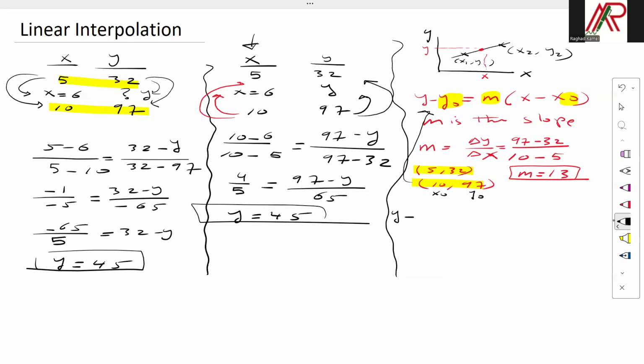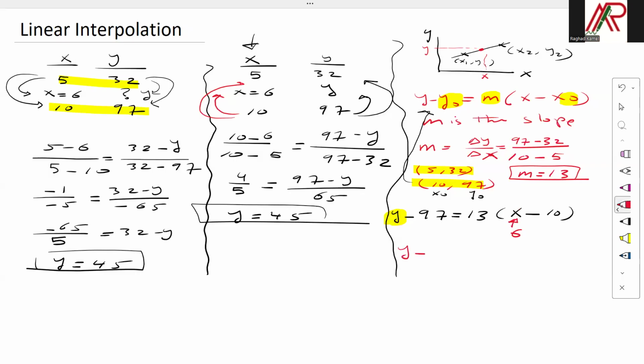So y minus y naught, which is 97, equals slope times x minus x naught, which is 10. We have a general relation. Now I need to find the y value when x is 6. That's the idea of linear interpolation. So you just substitute x, which is 6, to find the corresponding y, and that's it.